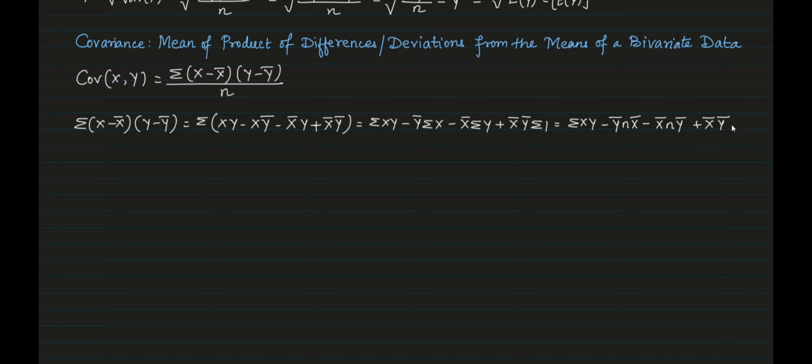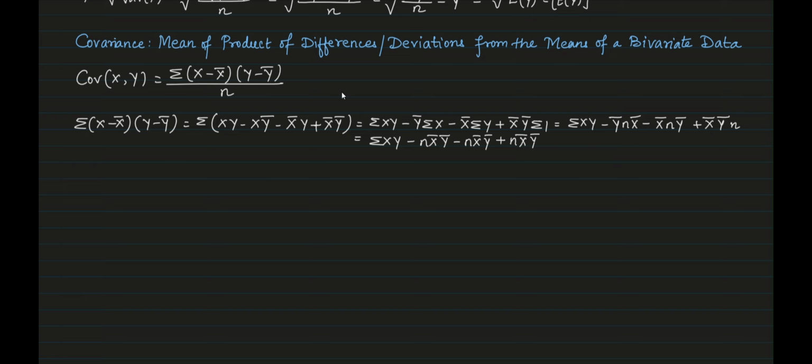times n, because we know summation of x is n x bar, summation of y is n y bar, and summation of 1 is n. So this can be further simplified as summation of xy minus n times x bar y bar minus n times x bar y bar plus n times x bar y bar.